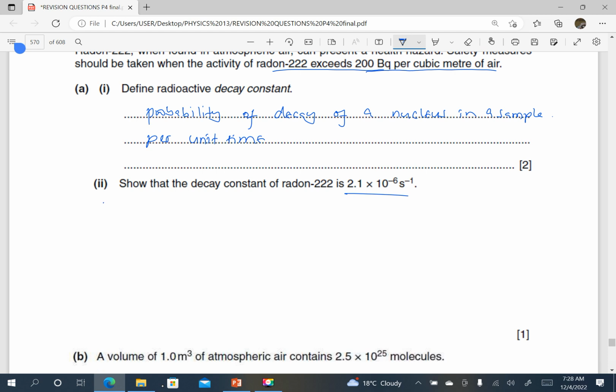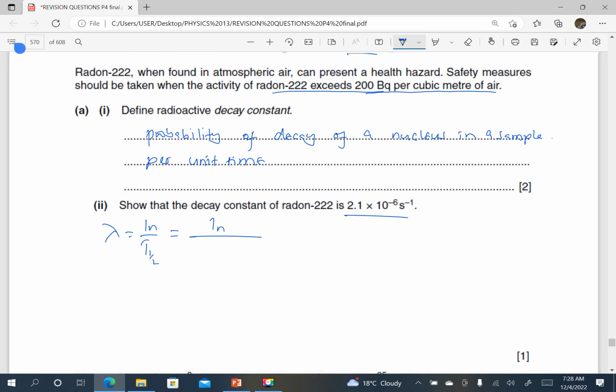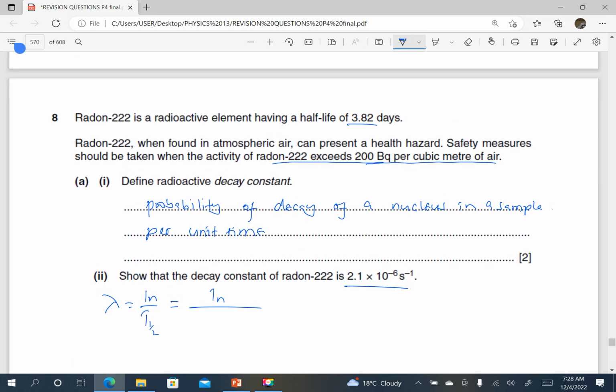So at this point, we now know that the decay constant is ln 2 over T1/2. So this is going to be equal to ln 2 over the half-life, which is given as 3.82 days. But remember, a day is 24 hours, and an hour is 3,600 seconds, because we want the answer in per second.